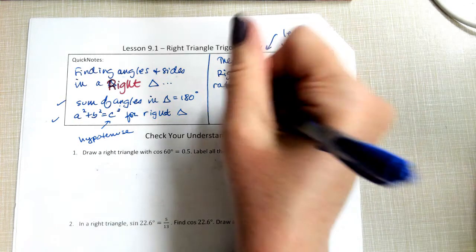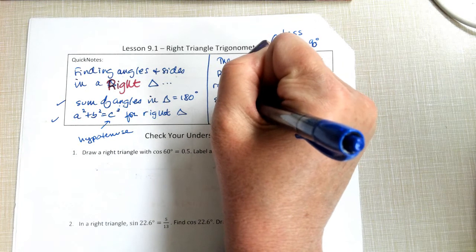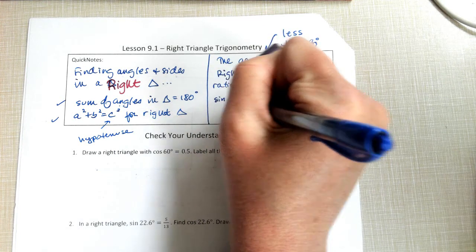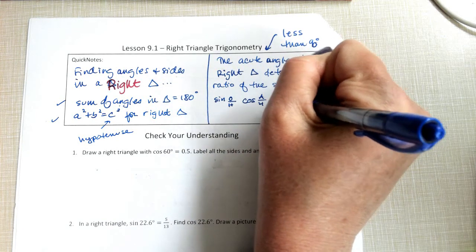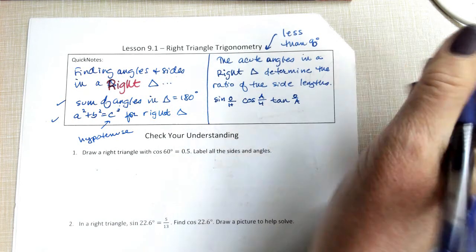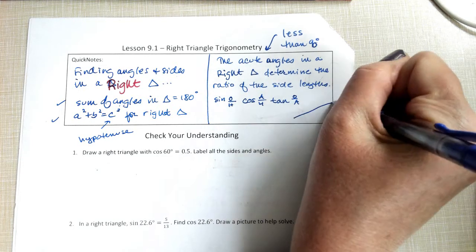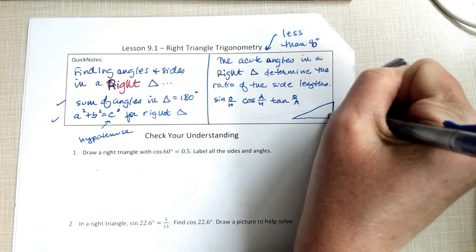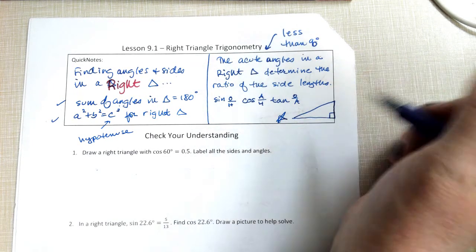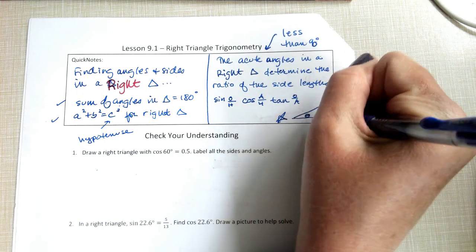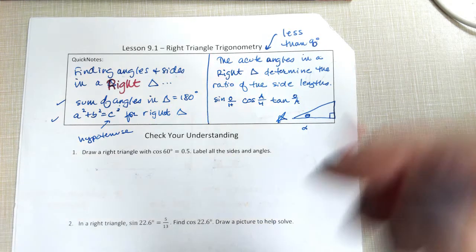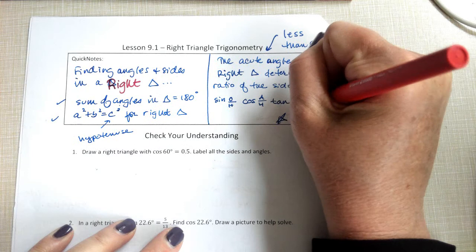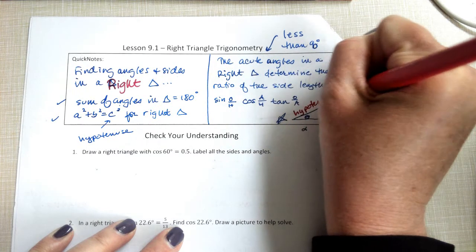So we already know sine is opposite over hypotenuse, cosine is adjacent over hypotenuse, and tangent is opposite over adjacent. If you want to see the picture, and if we're going from this angle, usually it's called theta. Sometimes I used alpha last week. But the hypotenuse is always, always, always across from the right angle, so it's always the longest.